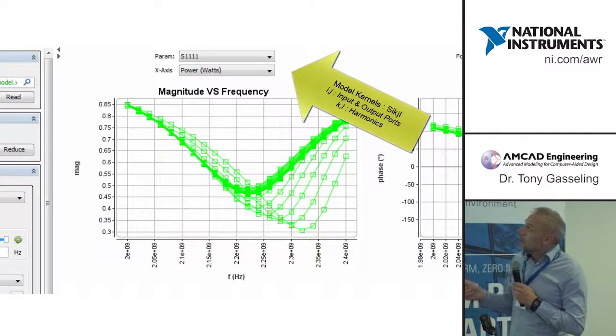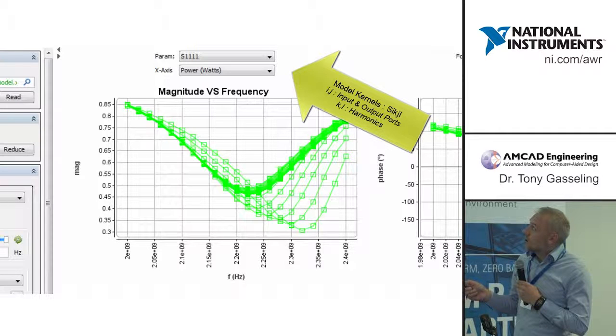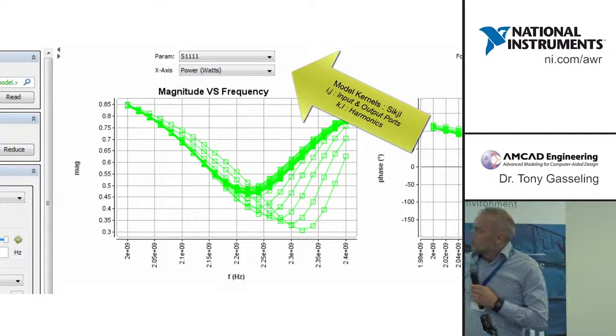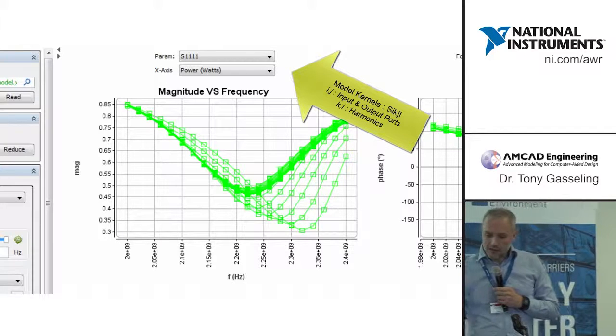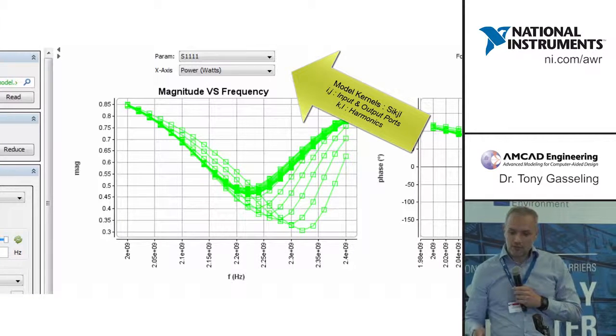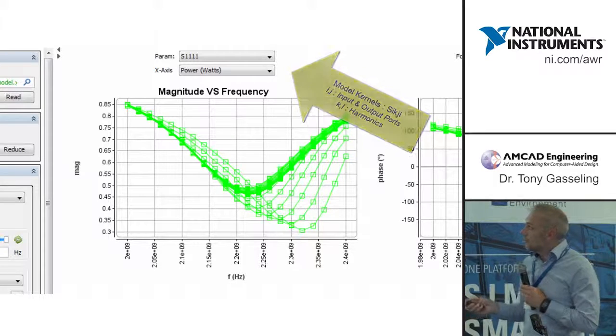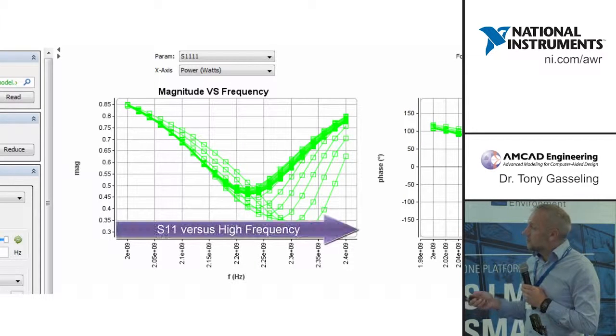Again, S1111 is the influence of the signal on port 1 at harmonic 1 and port 1 harmonic 1. In linear conditions, it corresponds to the S11. But here we plot this figure of merit in the frequency bandwidth of interest around the carrier.